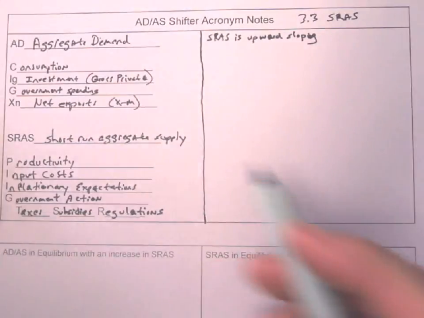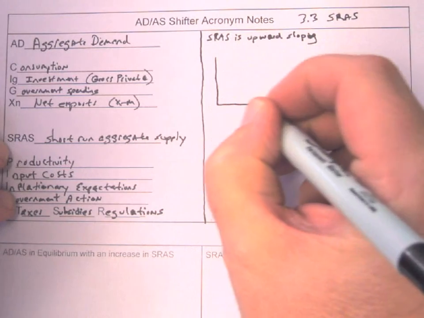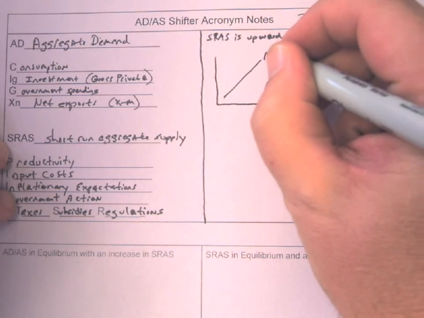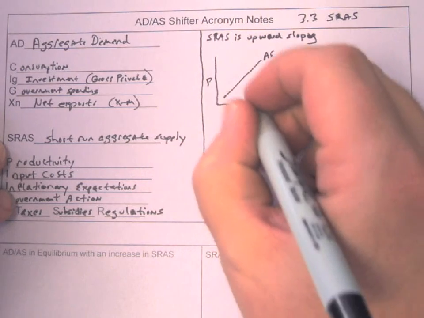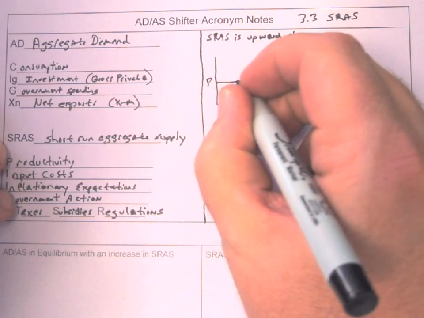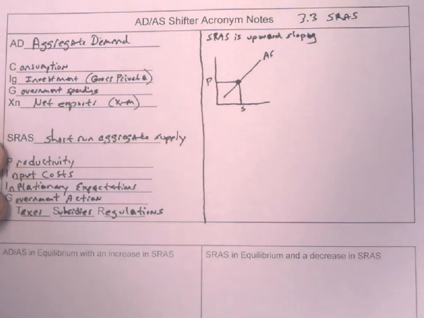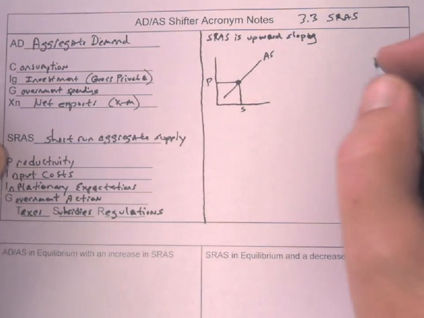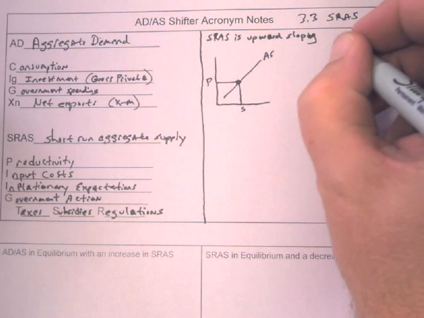All right, so the slope itself is going to be a positive one. With that said, we have a certain amount of price and a certain amount of supply the producers would provide at a certain price level, okay? And when it comes to short run aggregate supply and the businesses themselves, think about the word sticky.